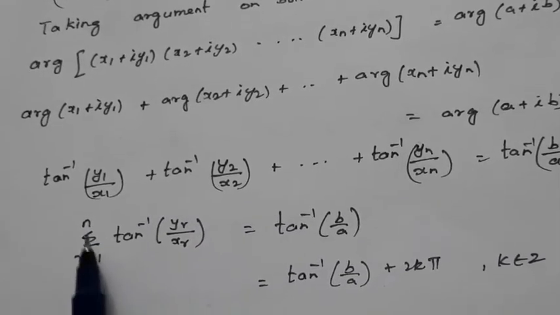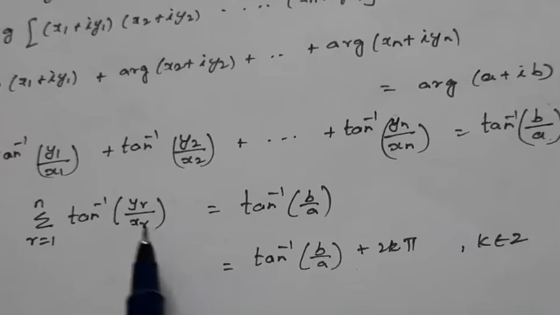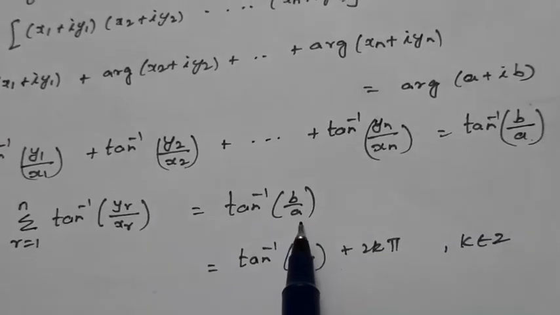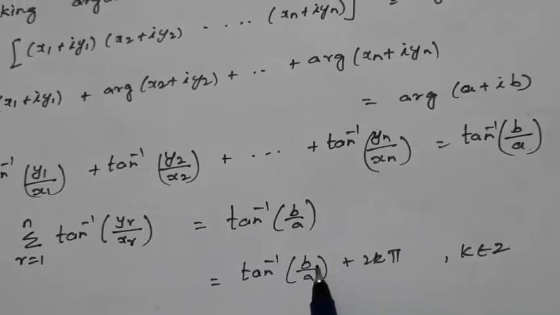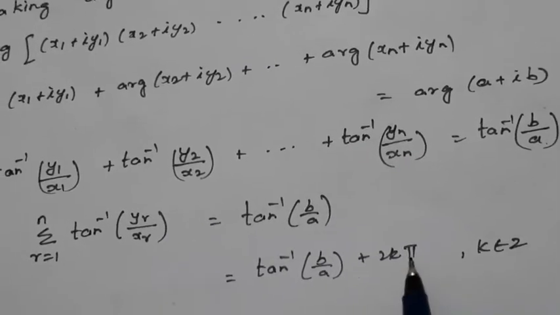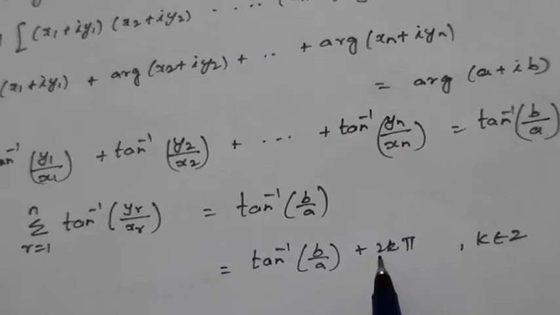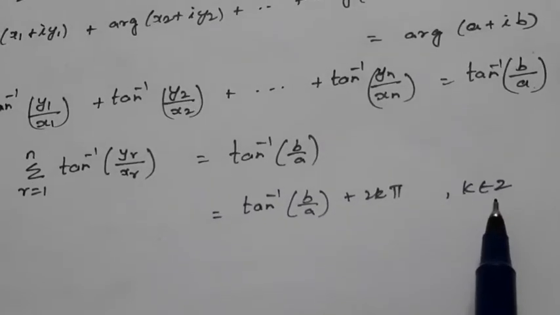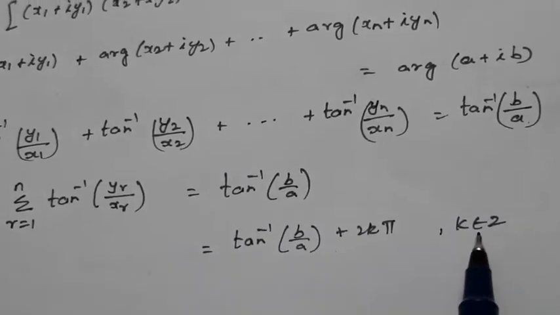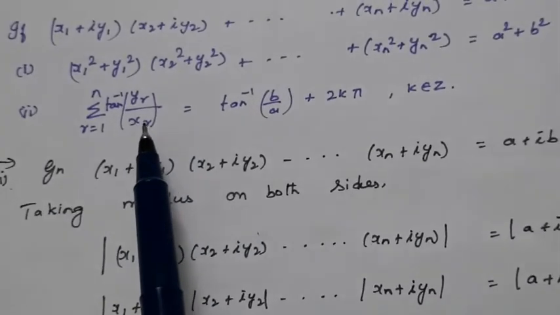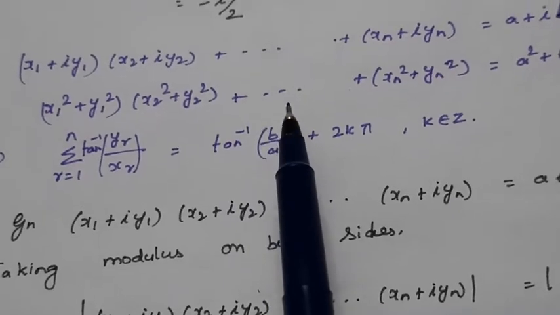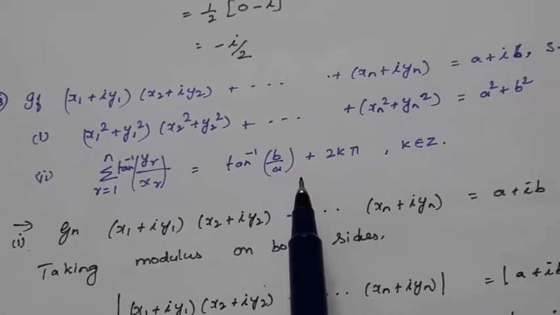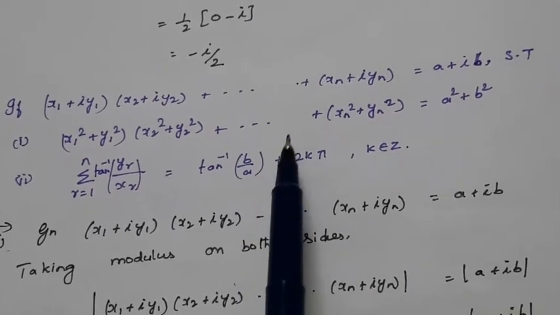So sigma r equal to 1 to n of tan inverse of yr by xr is equal to tan inverse of b by a. So what is the alternate form of writing that? This is the principal argument. The general argument means you have to add 2k pi. So tan inverse of b by a plus 2k pi is added, where k is an integer, that is k belongs to Z. So thus we have proved the second part of the problem. Okay, so the first part by taking modulus, and the second part by taking argument, we have proved the results.